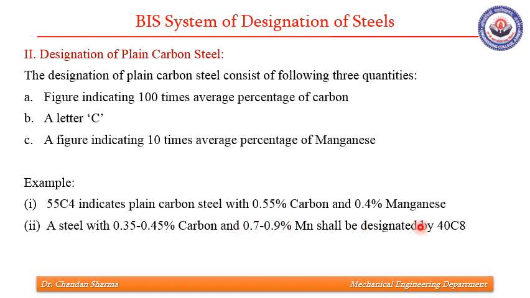So this steel having this composition will be designated by 40C8. So this is how plain carbon steel is designated using the BIS system.